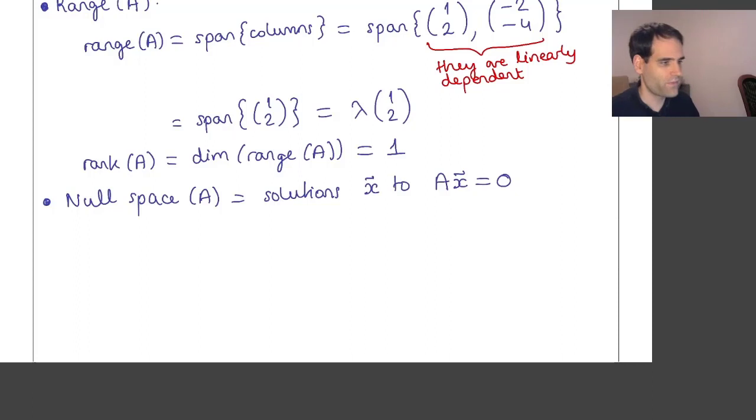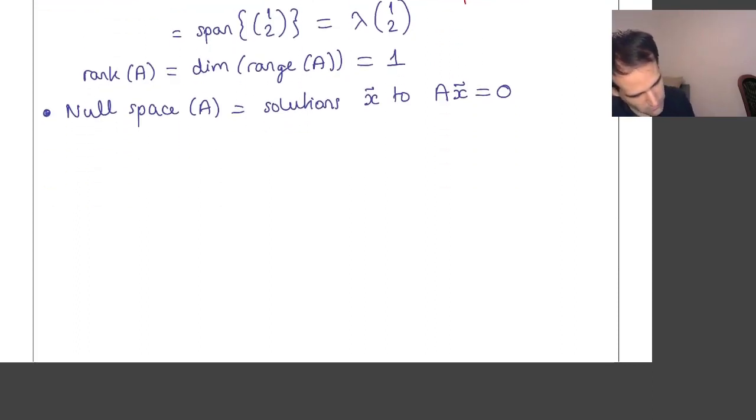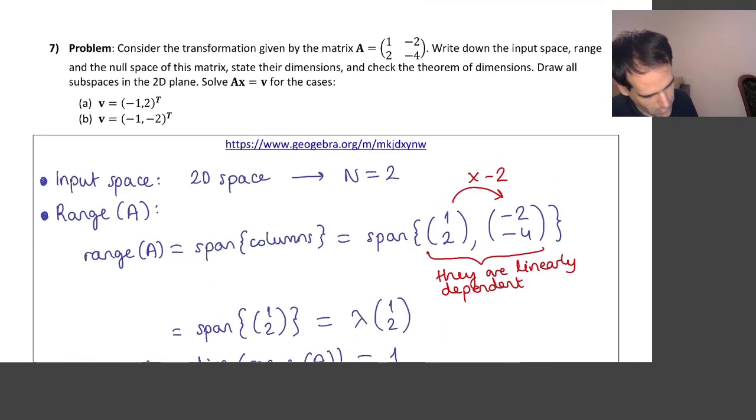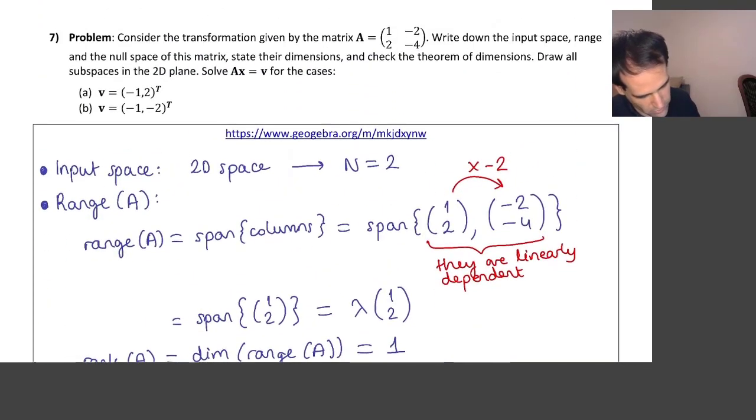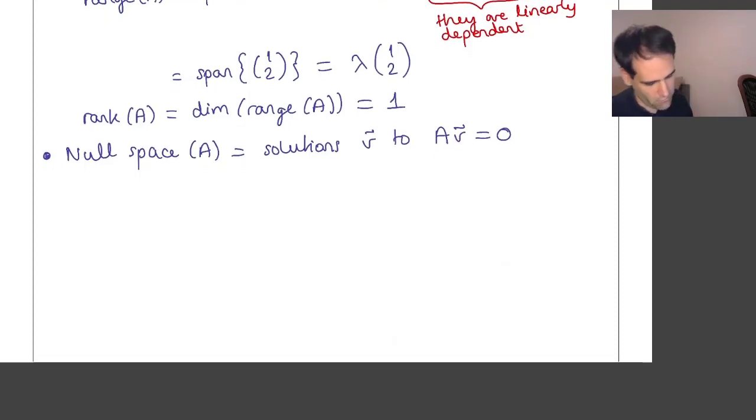So let's solve that system of equations. Let's solve A times x equals 0. In this case, to match the notation I use in the problem, instead of calling the vectors x, I'm calling them v. It doesn't matter. So we want to solve A times v equals 0.